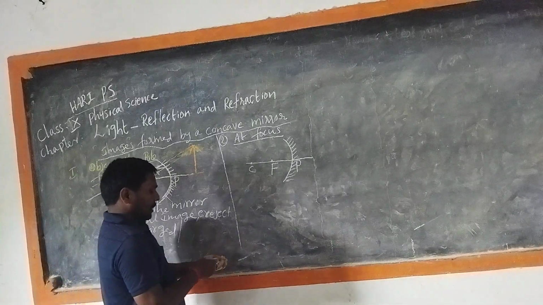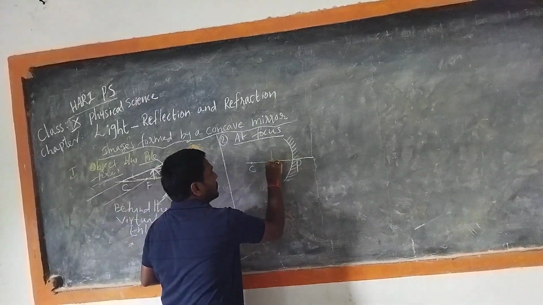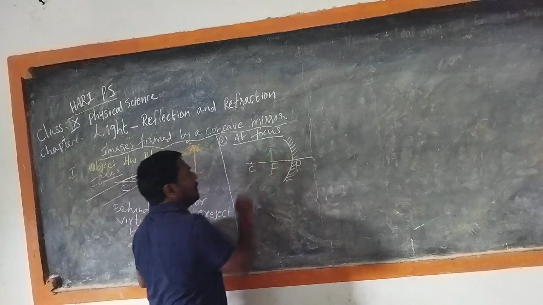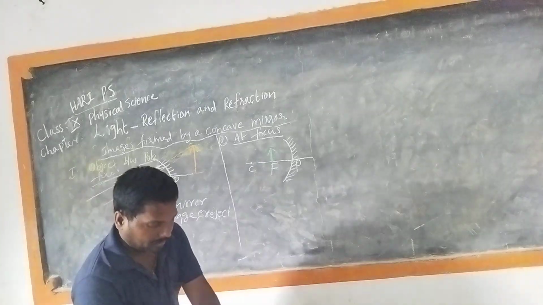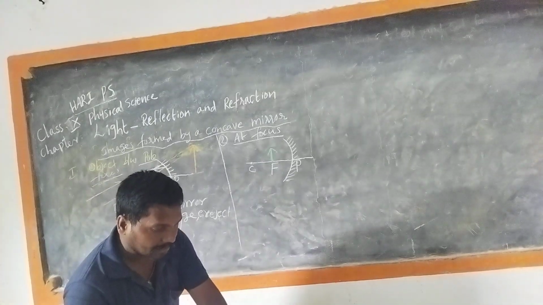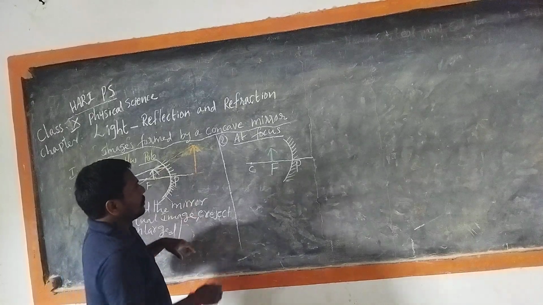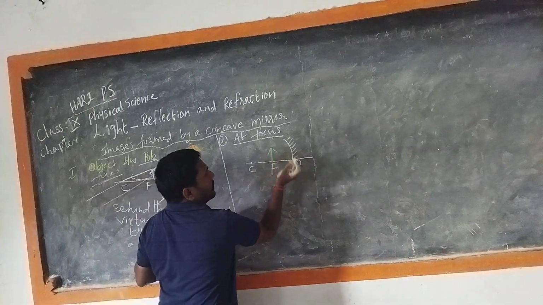Now the object is at the focus. What will happen if the object is placed at the focus? As usual, two rays are required.